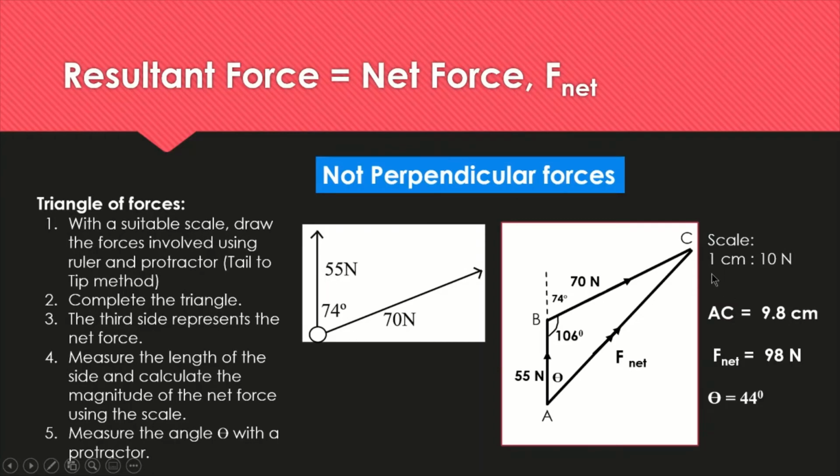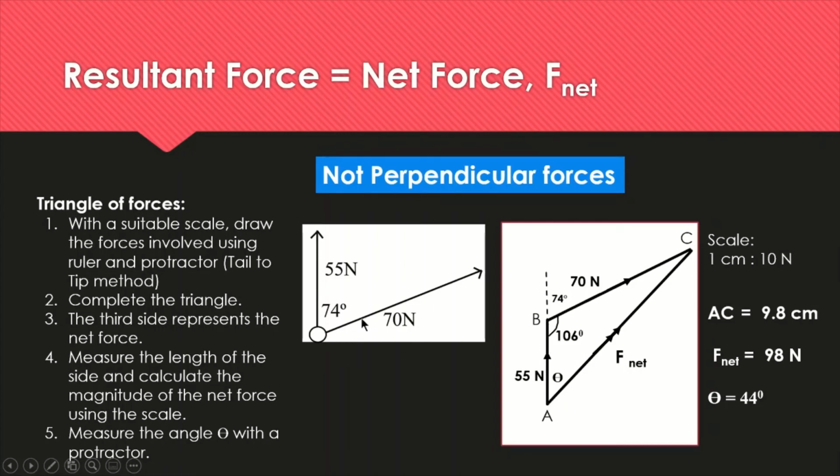Let's say we choose a scale of 1 cm to 10 Newton, so this will be 5.5 cm. Now continue with 70 Newton, after the 55 Newton.